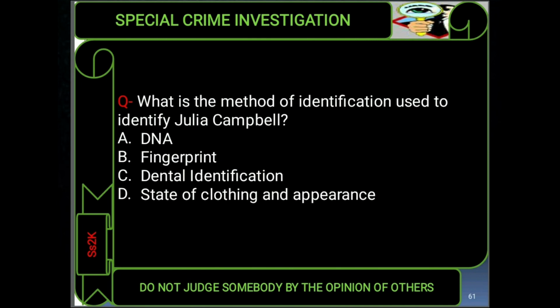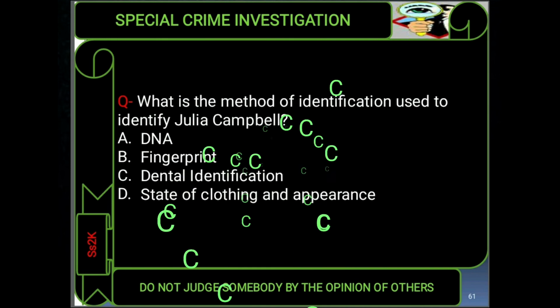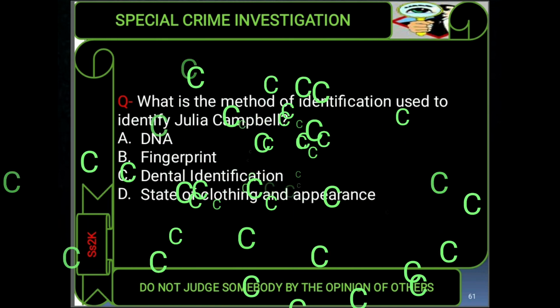So, how was she identified? Okay? So, letter A, through DNA, Bravo, fingerprint, Charlie is dental identification, and Delta is state of clothing and appearance, no? And the answer for this question is dental identification.